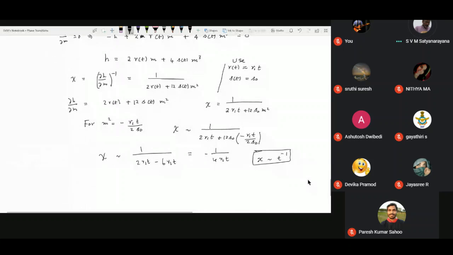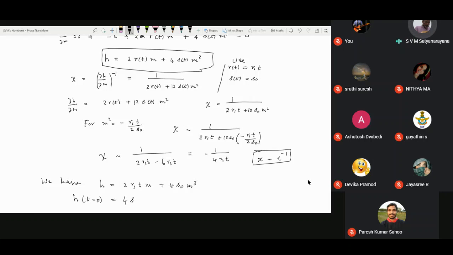So you look at this expression, and this expression is the dependence of field on this. So use these things, then we have h is equal to 2 times r1 t into m plus 4 times s naught into m cube. Okay. Now h at t equal to 0 is equal to, this term will go to 0, and I have 4 s naught into m cube.